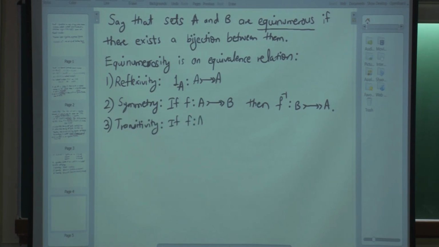And transitivity: if f from A to B and g from B to C are bijections, then what is the bijection between A and C? f of g? No, we cannot do f of g. g of f. Make sure that domains and codomains are perfectly matched. Then g composed with f is a bijection from A to C. How is g composed with f defined? If I want to send an a, where will I send it?